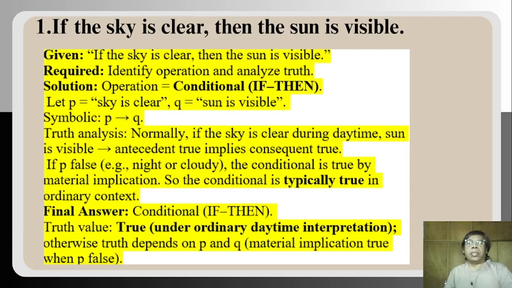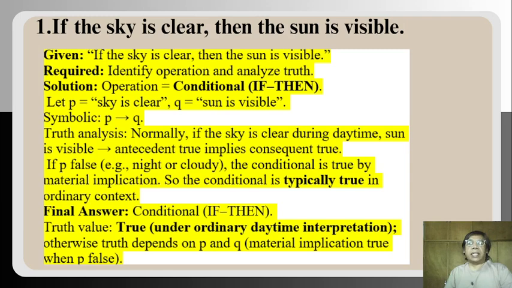So our solution: the operation is conditional, if-then. Our P is the sky is clear and our Q is the sun is visible. So symbolically, P, an arrow to the right, Q.